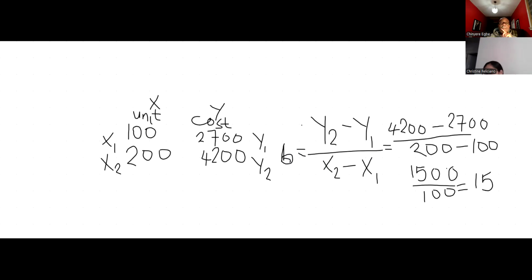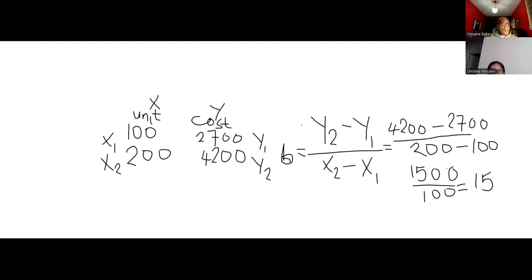Essentially, when I went from 2,700 to 4,200, my cost increased by 1,500. The number of units I could produce increased by 100. Therefore, each additional one I produce costs me an additional 15. You see how it's making sense?